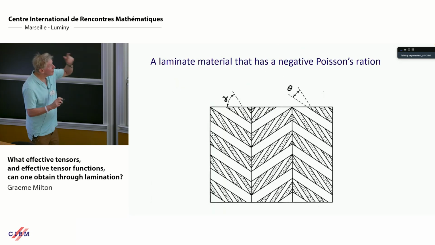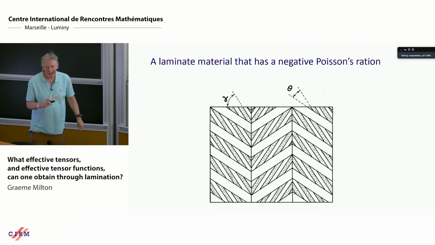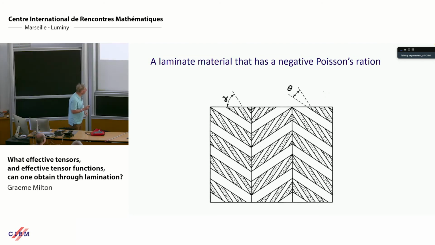Anyway, this is the laminate structure that actually has this negative Poisson's ratio, and you can extend it to 3 dimensions as well. Basically, the dotted material here is very compressible, and this is fairly rigid, not completely rigid, because it wouldn't be able to bend at all here.